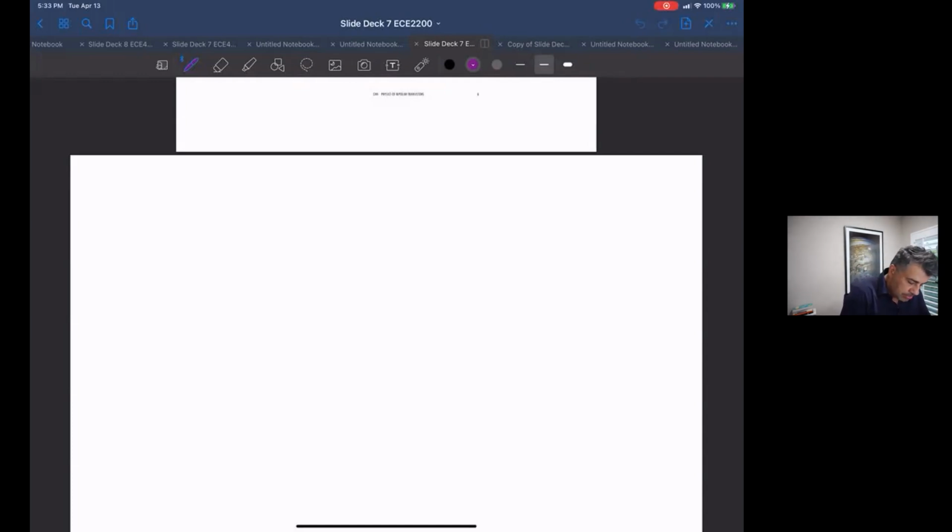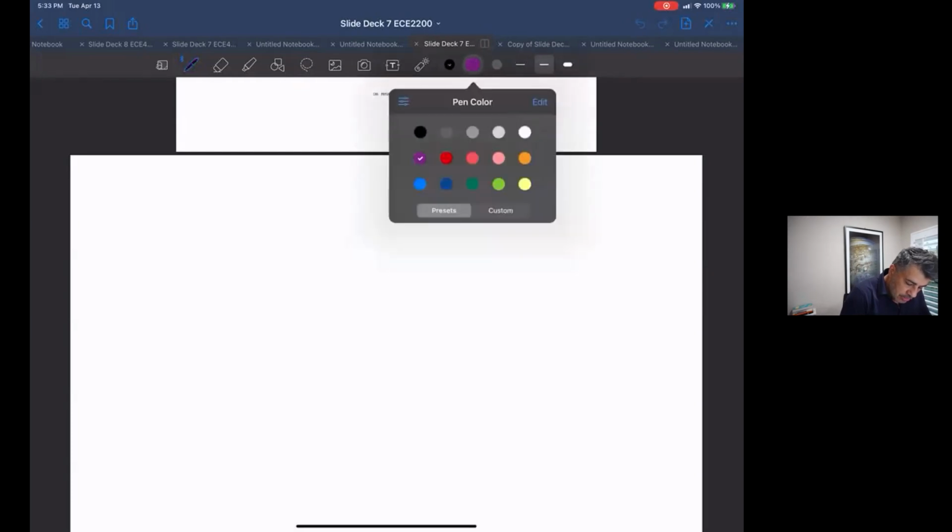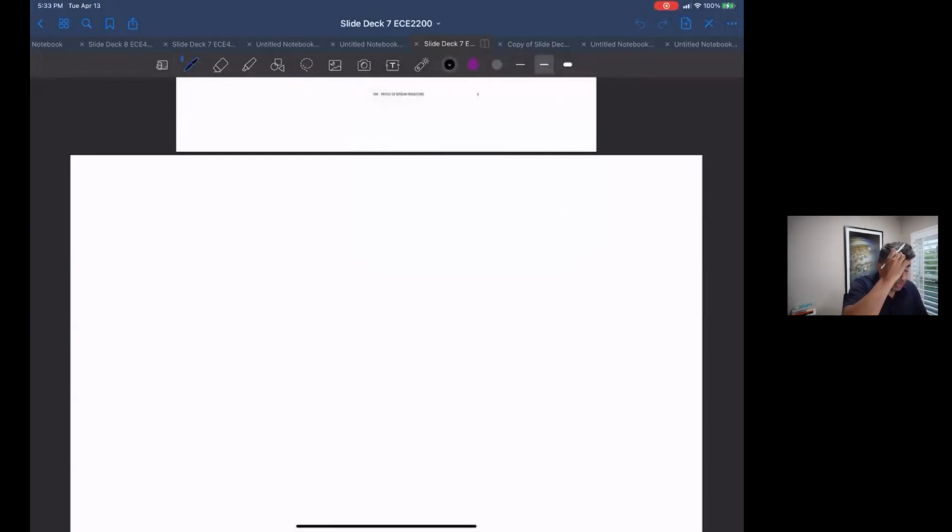The problem that we talked about quite a bit, I think with Kevin, was problem 4.22B. In that problem, there's a bipolar transistor.